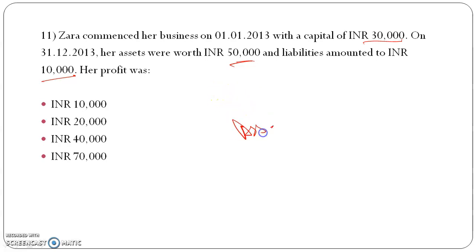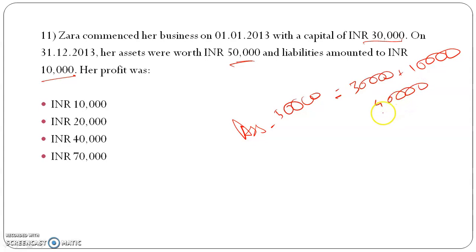Her assets now are 50,000. She added capital of 30,000 and she has liability of 10,000. That means in total it is amounting to 40,000. So how much profit does she earn? Here you can easily understand that there is a total profit of 10,000. So the correct answer will be 10,000 only.